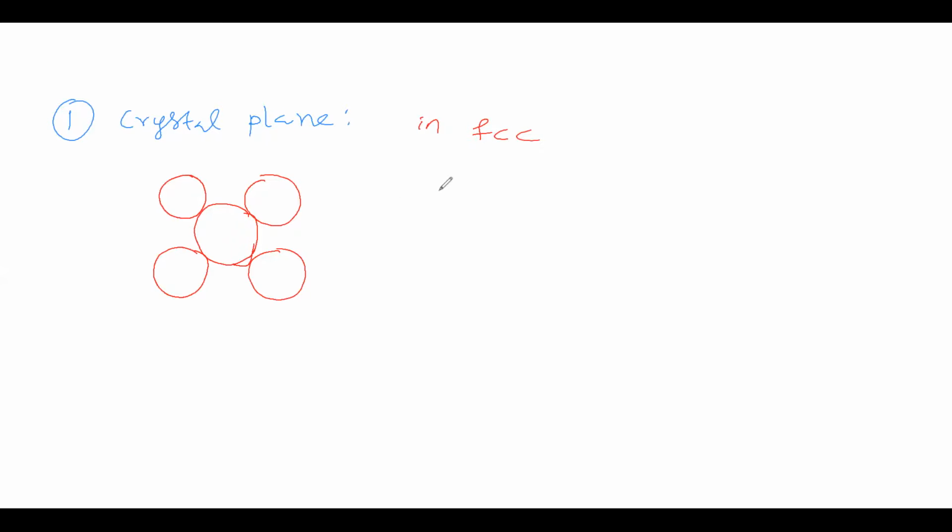What is the name of this plane in FCC? That is the question. Let us see how it is looking. Now we will take the center of this particle, the center of this particle, and join.